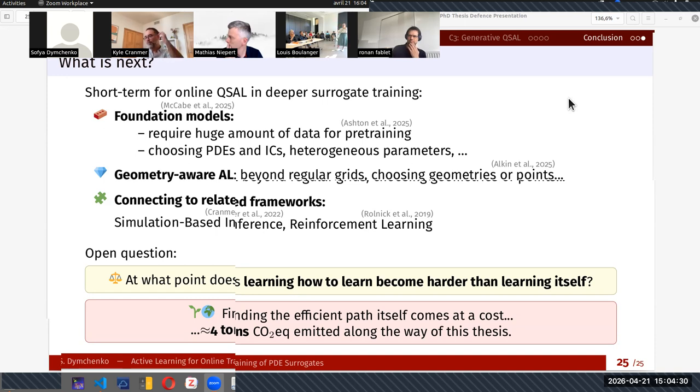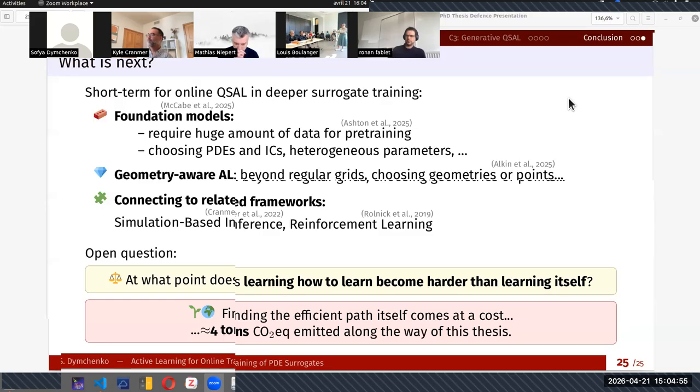Then there is also another thing. For example, this NTK, I don't think it's very scalable to data-driven surrogates, but there are other active learning criteria for the information, not only the uncertainty, but the information gain. So expected improvement of the model, expected change of the model, which probably could also be used.